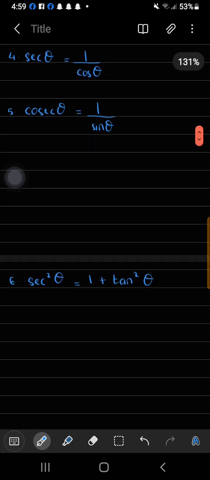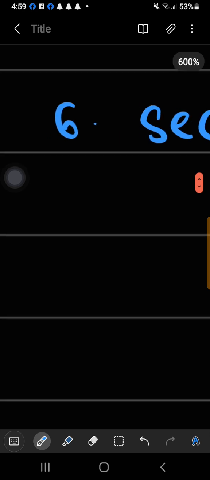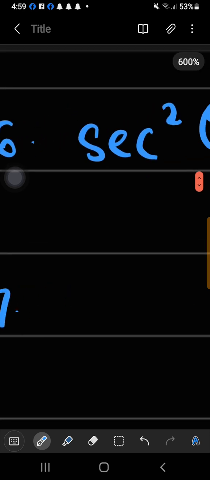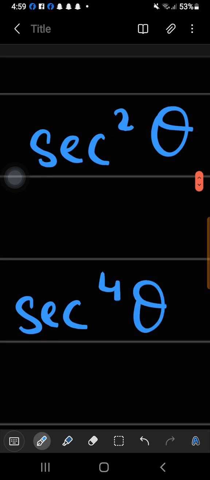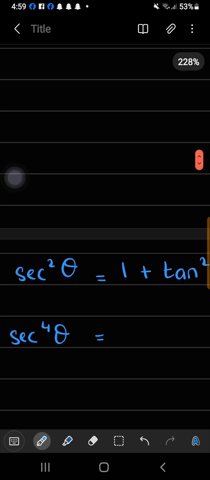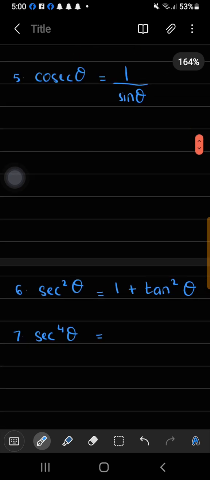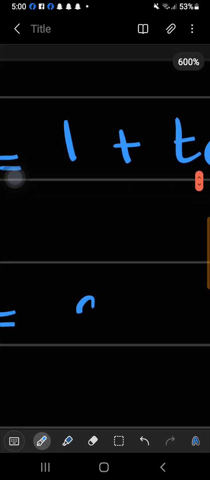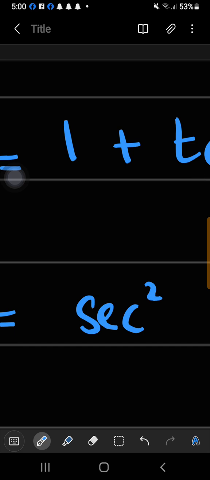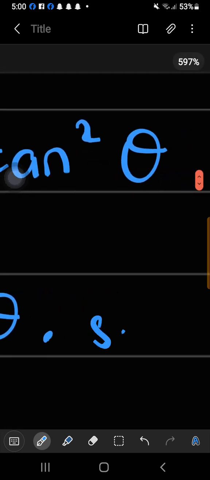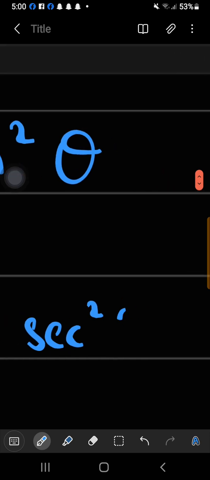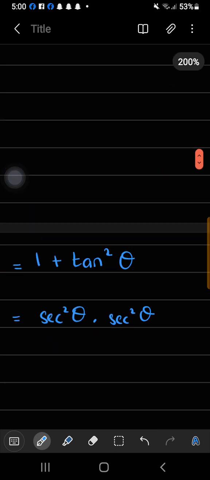And through this we can do the seventh one: sec power 4 theta is equal to sec square theta multiplied by sec square theta. We are deriving it.